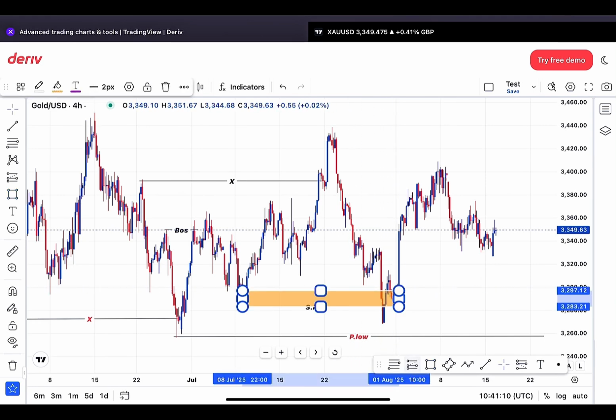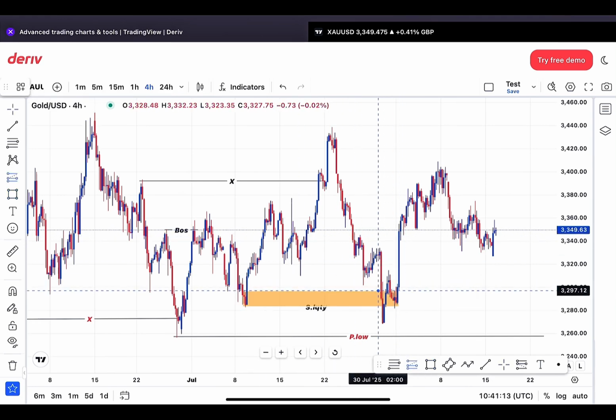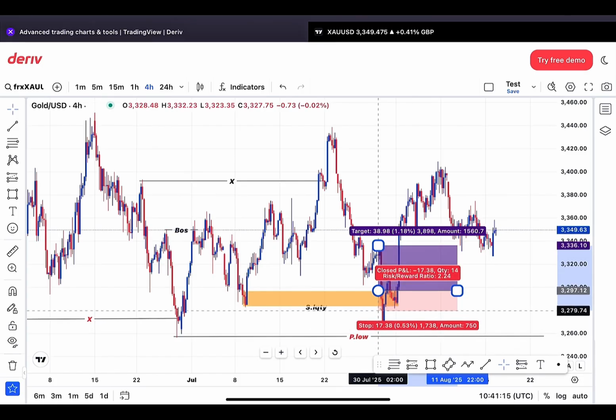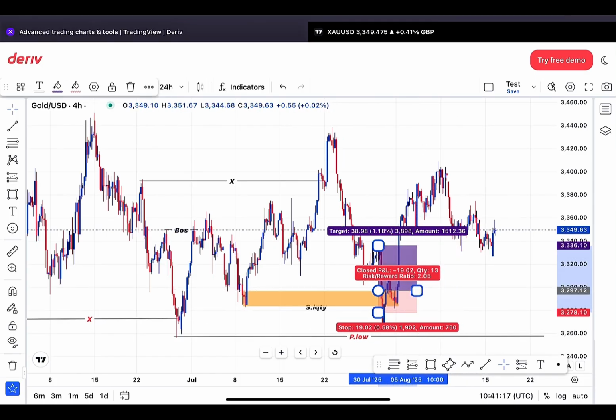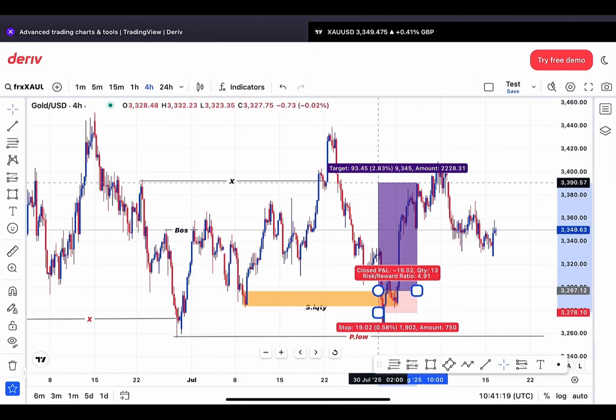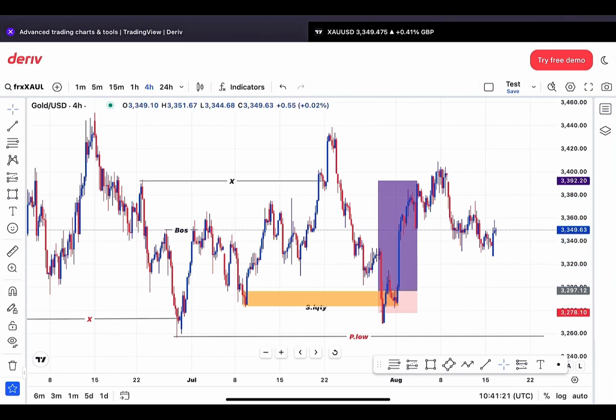So a lot of traders put our pending order around here, give it a small space for breathing, then target this resistance level.